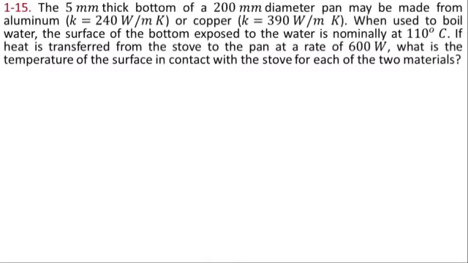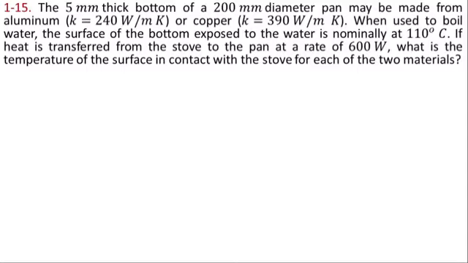Now we are going to do another problem, which is problem 1-15 of Incropera and DeWitt. In this problem, the 5 millimeter thick bottom of a 200 millimeter diameter pan may be made from aluminum or copper.